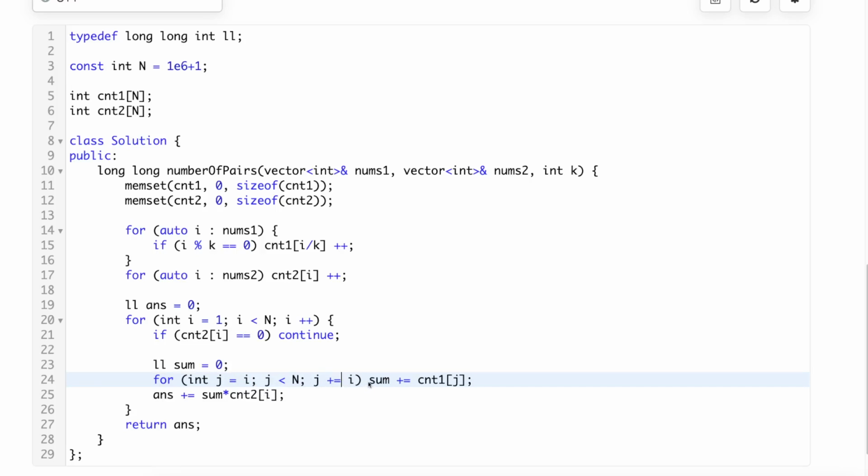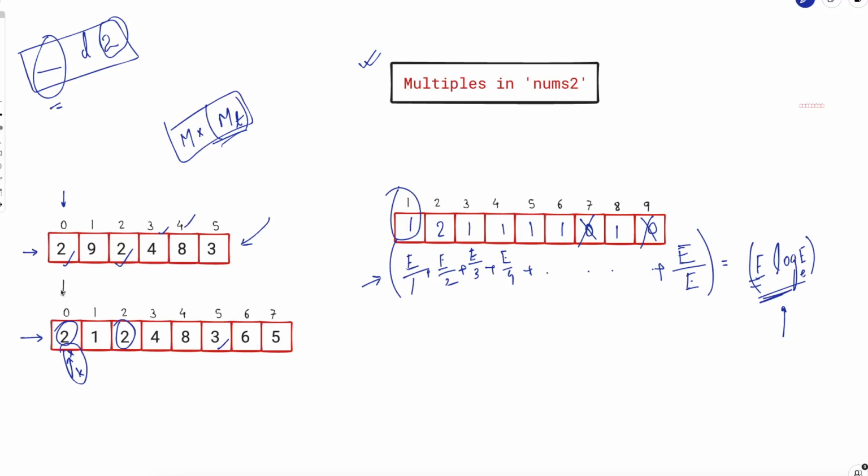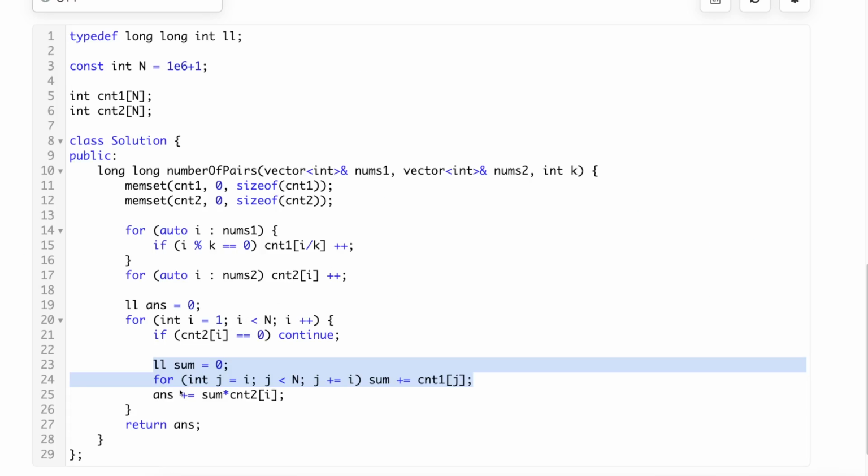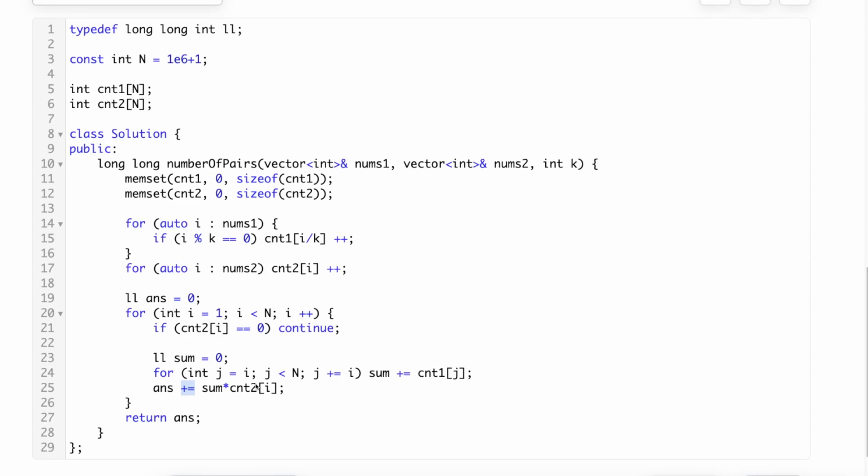For each of these we take the sum across the first array frequency, and this already takes k into account, so we don't need to worry about k now. After this we get how many numbers are divisible by nums2[j] in general, and how many numbers have the same value is something we have in this frequency array. So we can simply multiply these two to get the total contribution of this number, and we sum them all for every possible j and we get the answer, right?